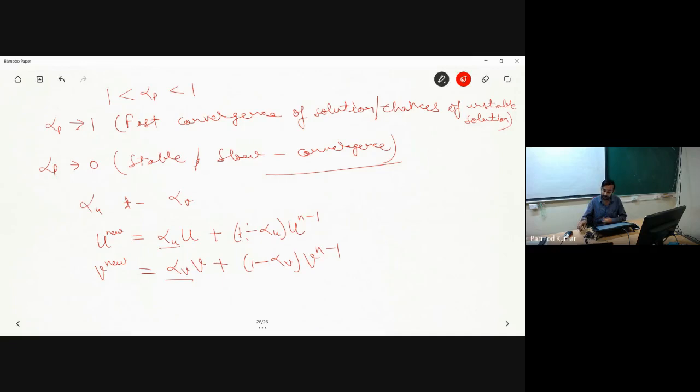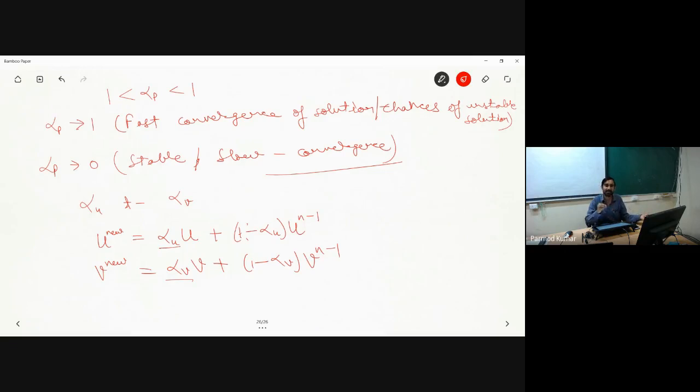Okay, so what we are doing, we are not putting our entire dependence on a single iteration step, rather we are linking our solution to the previous iteration steps also. So our solution will depend upon whatever is done in the previous steps also.